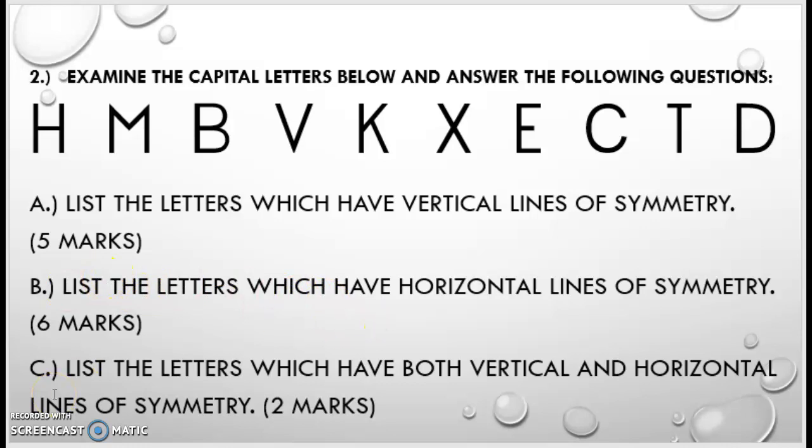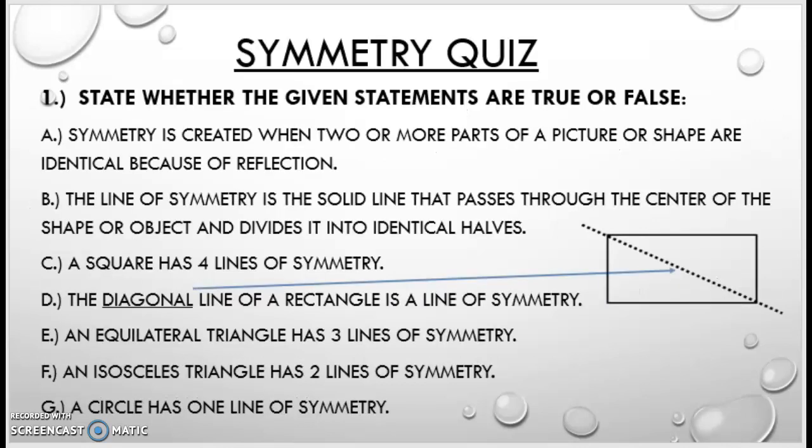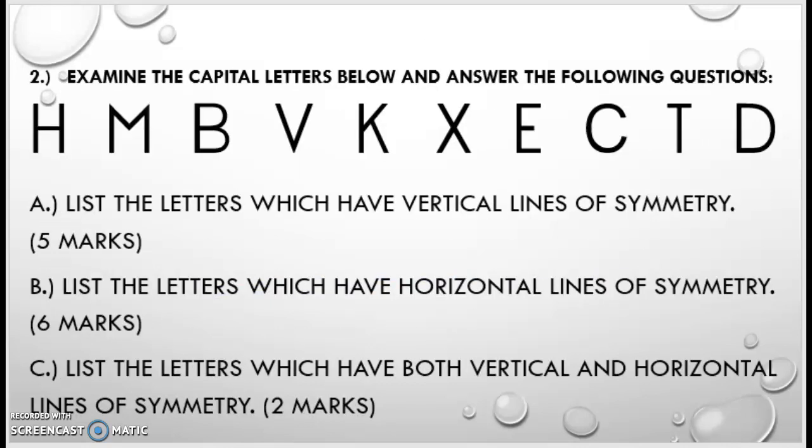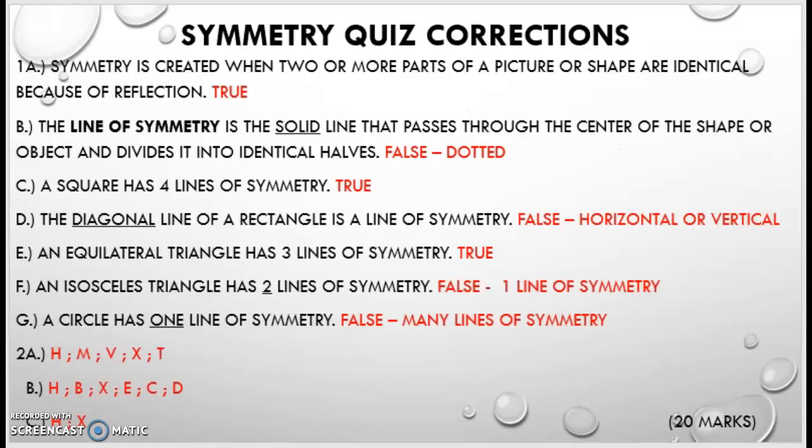Question C. List the letters which have both vertical and horizontal lines of symmetry. Please pause the video, answer question 1 and question 2, and then I will give you the corrections. Symmetry quiz corrections are as follows. Please mark your work and give yourself a mark out of 20.